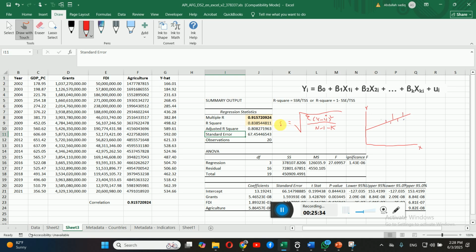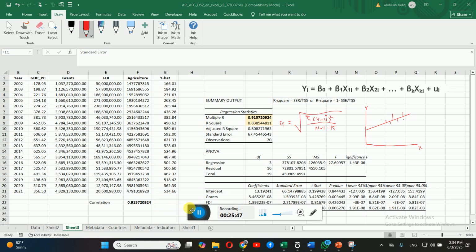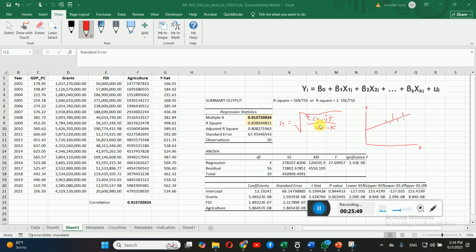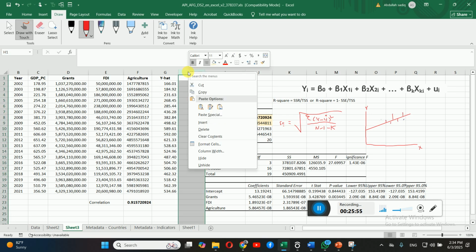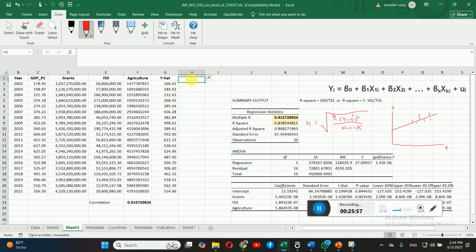Right? Simply, this is the standard error of what? The standard error of the estimate, the standard error of the residual. What is the standard fluctuation around this regression line? Okay, for this, dear students, we have to do it practically. Look, we find out all the values we have in this formula. Y minus y hat, this is the residual. So for finding the residual, we first add one more column, and this is the error residual, simply.